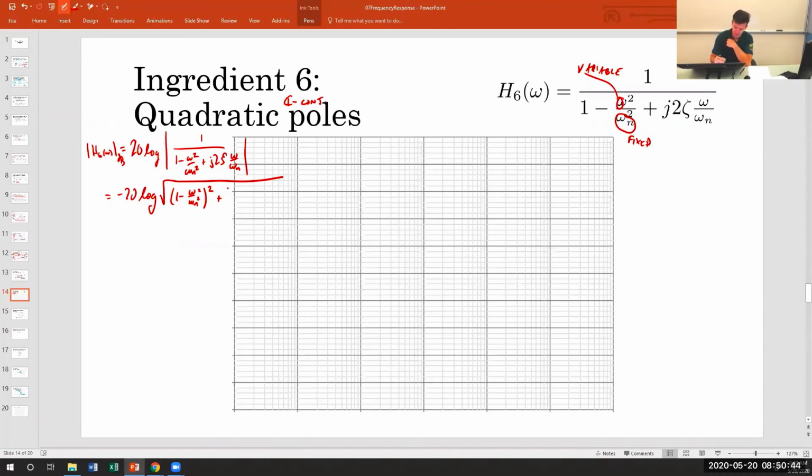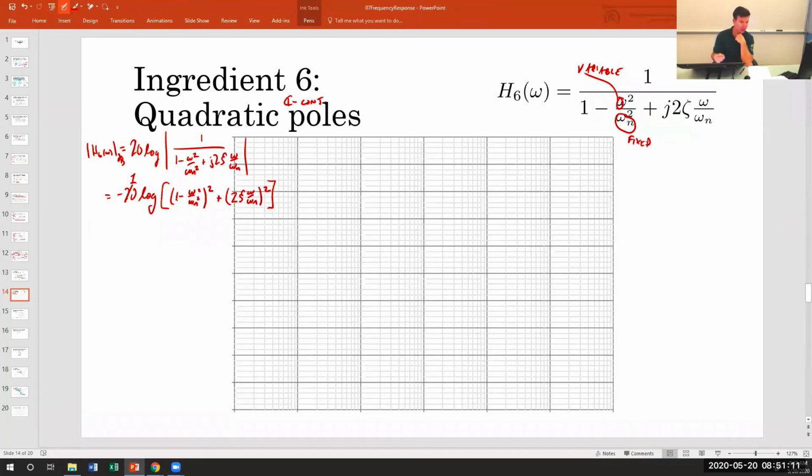So that's the thing times the j, 2 zeta omega over omega n squared. Now, if you like, we can take the radical and we can multiply it out in front. So this becomes a 1 or a 10. And so we can actually get quite a ways with this expression.